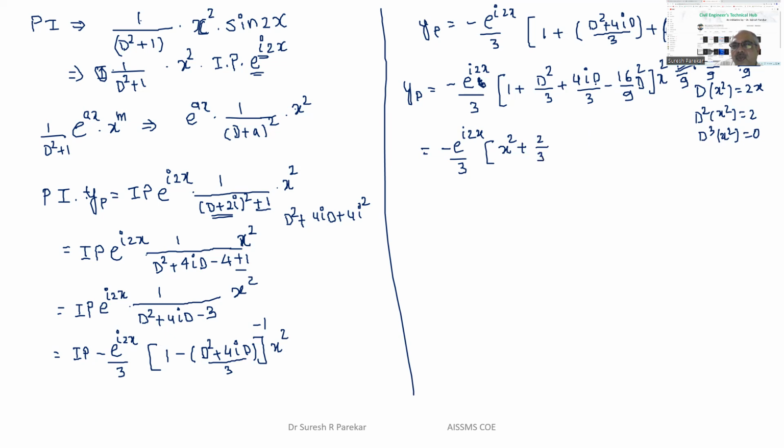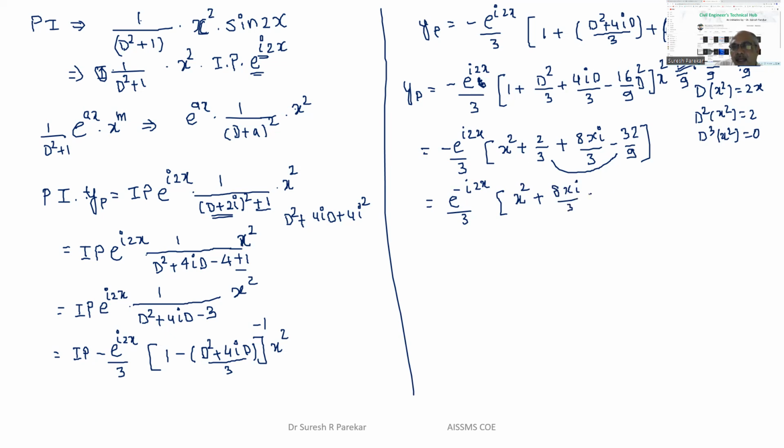Then D we have 2x, so we have plus 8xi by 3. And then D square we have 2, minus 32 by 9. And now these 2 by 3 and minus 32 by 9, if we solve this, we have e to the power i2x upon 3 in bracket x square plus 8xi by 3.